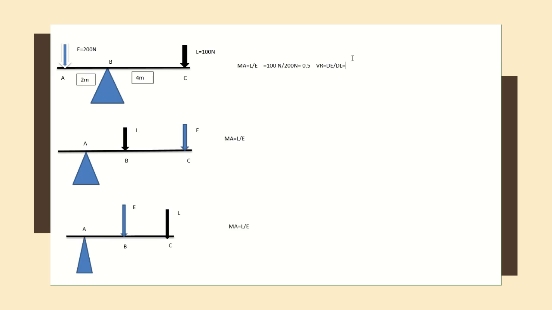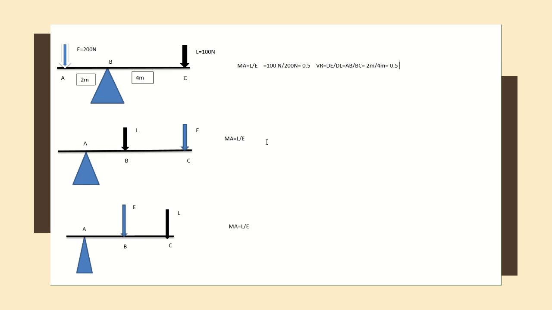So from A to B, the distance AB, divided by the distance moved by the load, which is from B to C, so BC. Using the values there, we have 2 meters divided by 4 meters. So the answer is also 0.5. There's no unit because velocity ratio has no unit.